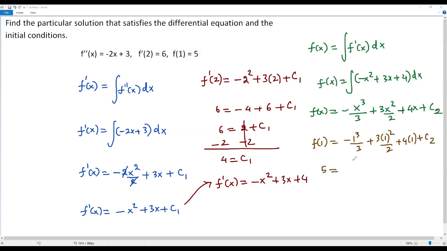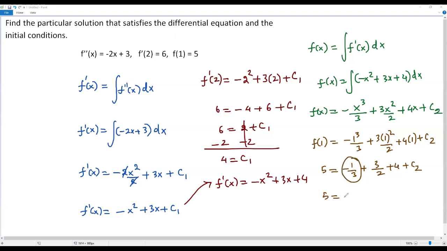So we have 5 equals, the evaluation of this one is negative 1/3, positive. The evaluation of this one is 3 over 2, positive 4, positive C2. So 5 equals, okay, now let's add these two fractions. For that, we have to find the least common multiple of the two denominators, 3 and 2, that is 6. So I can multiply the numerator and denominator of the first fraction by 2 to make the denominator 6.